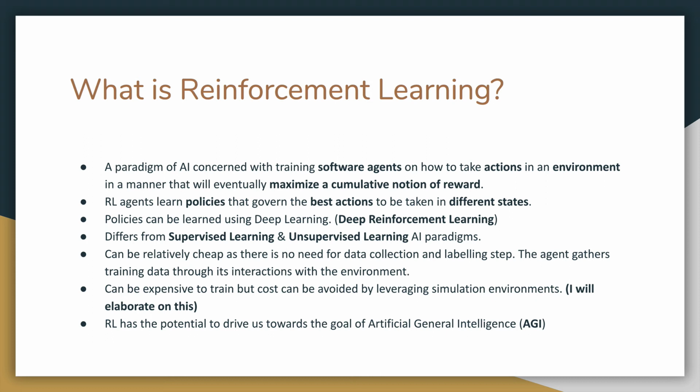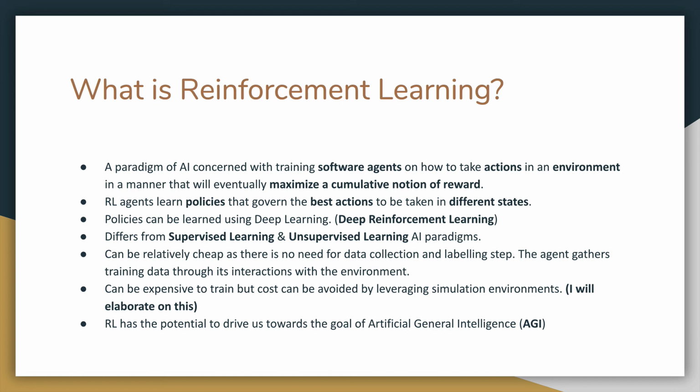Like I used fire as an example, and in the next video I'm actually going to give you a concrete example so this understanding can really sink in. Okay, so basically people hold the view that reinforcement learning has the power to take us close to artificial general intelligence.